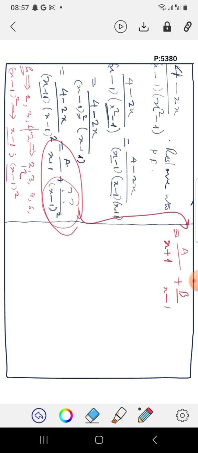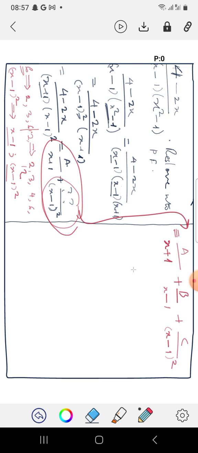Sorry, this is going to be plus. Now plus C over x minus 1 all squared. We don't need to put this one as x plus, even though this is linear, we just need to put it as C.